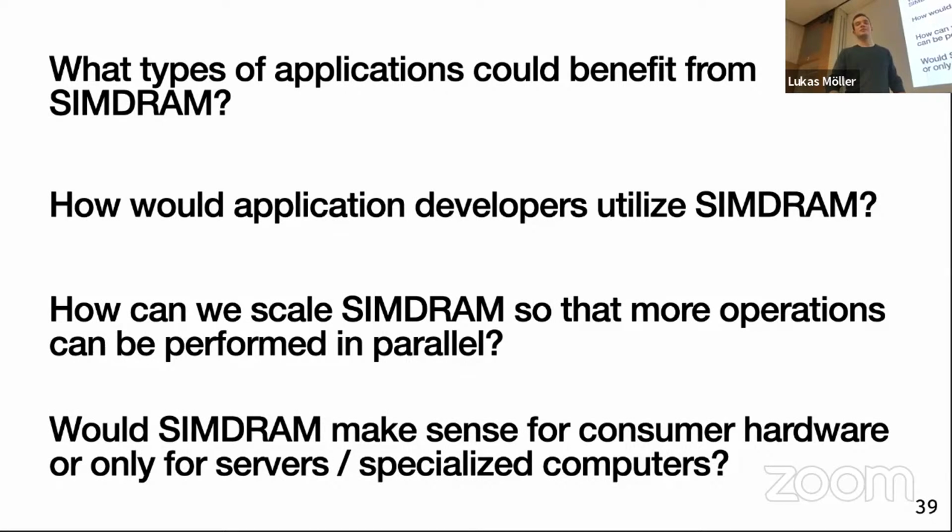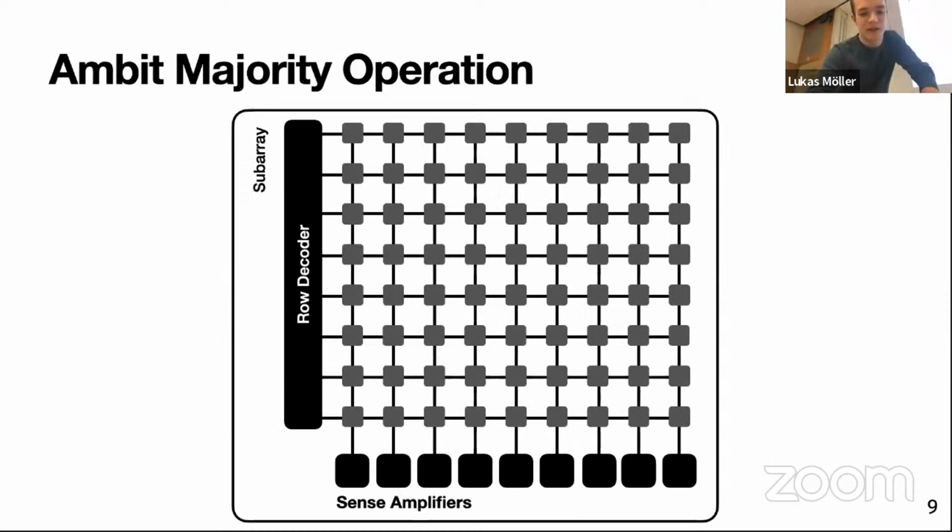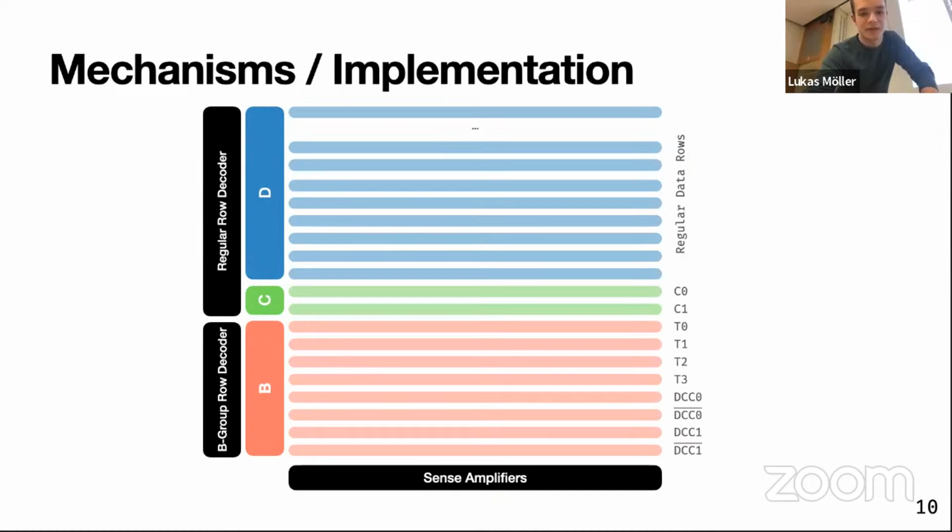Yeah. Can you go back to the row diagram in which you were showing the row organization? So vertical data like this, or? No, this one. So the operation is happening in B rows, right? All of the triple activations happen in the B group, yes. Yes. So yeah, this is a bit, I don't know. If you constantly keep activating those rows close to each other, isn't that going to lead to RowHammering one of those?